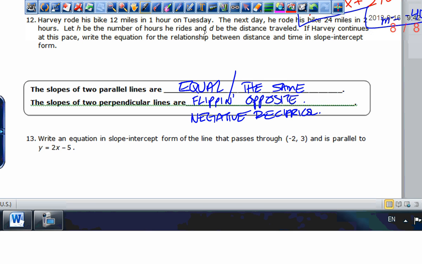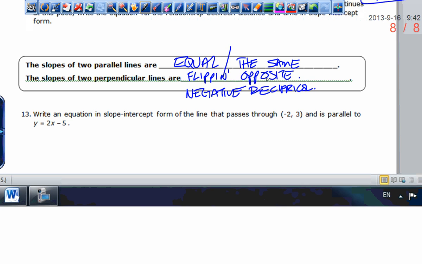Doesn't matter, it's not English class. What we're doing there is that if one slope is, let's say, 2/3, the negative reciprocal of 2/3 would be negative 3/2. We flip it and make it negative. That's why I said flip an opposite. Opposite of a positive is negative, and we flip it. And it's fun to say.